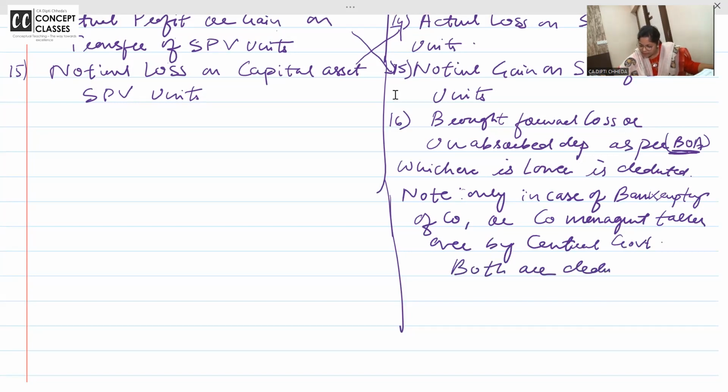Brought forward loss or unabsorbed depreciation, whichever is lower is deducted.